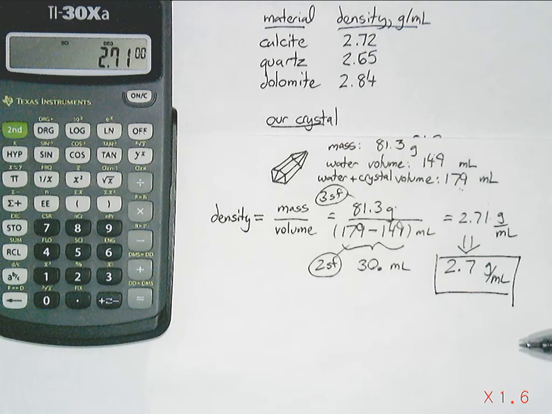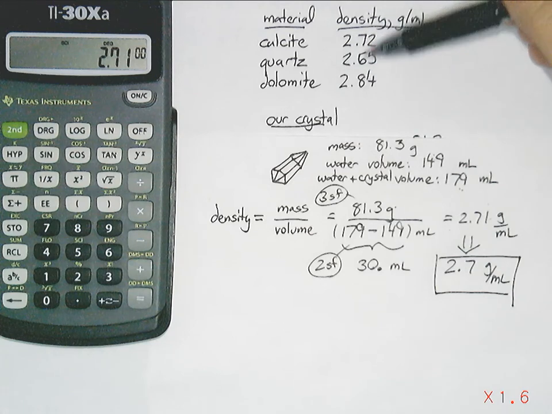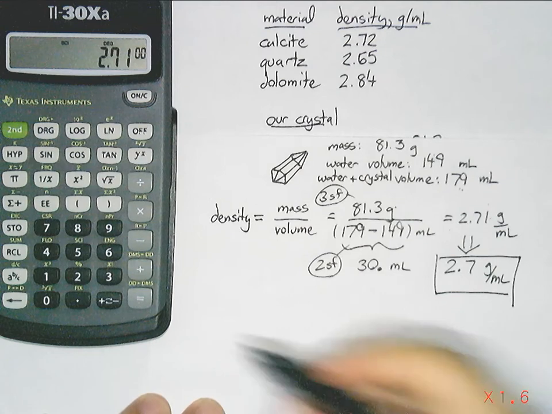I'm not so confident anymore because my uncertain place is in the tenths place. Now that means that this could be 2.8, this could be 2.6, it could be up or down 1 in the last place there. And notice that I now can't really tell which one of these I've got.